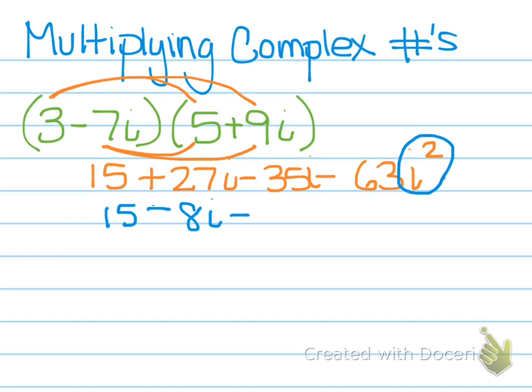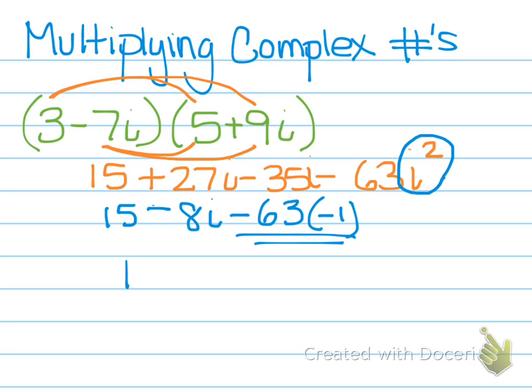You cannot have i squared, i to the second, i to the fourth in any of your answers, because at the beginning of this video I showed you how to simplify them into either i, -i, 1, or -1. So the highest degree you can have when working with complex numbers is just i to the first. So this is going to become 63 times negative 1.